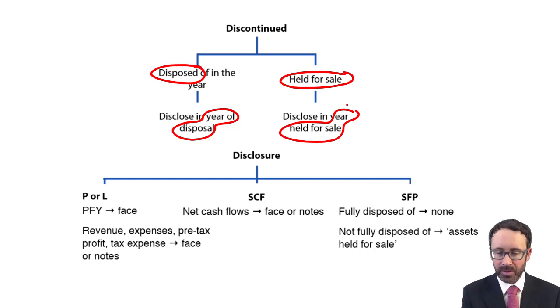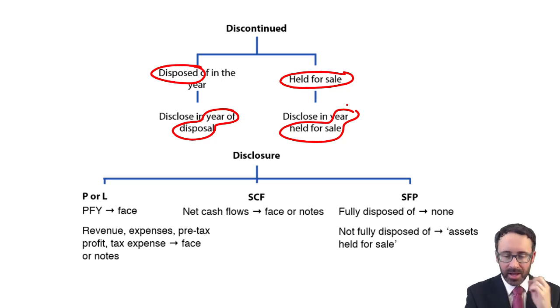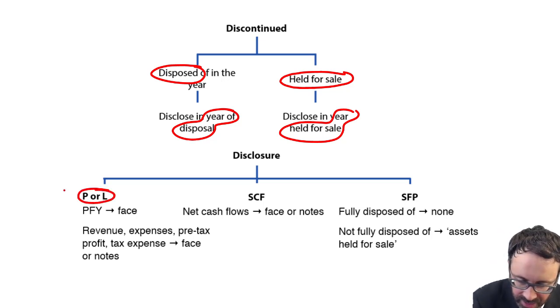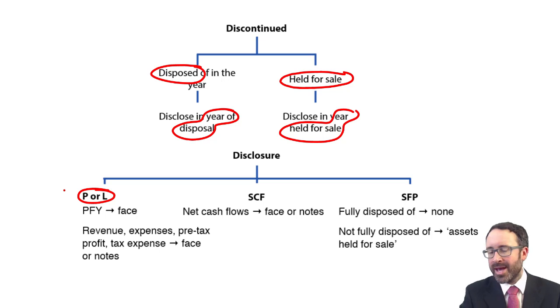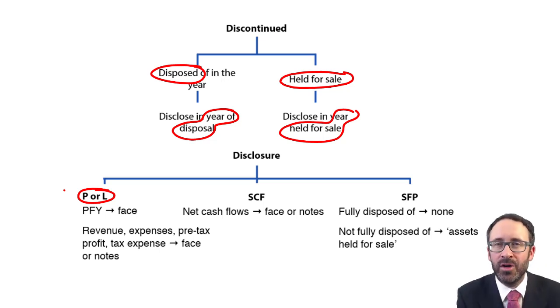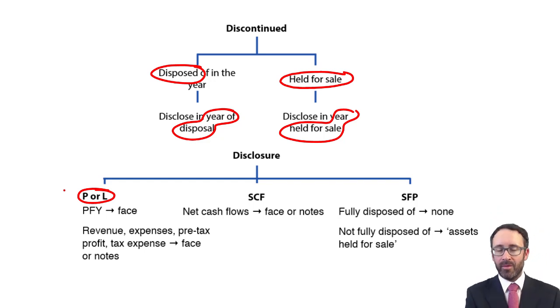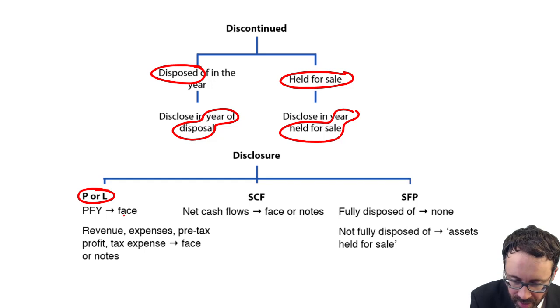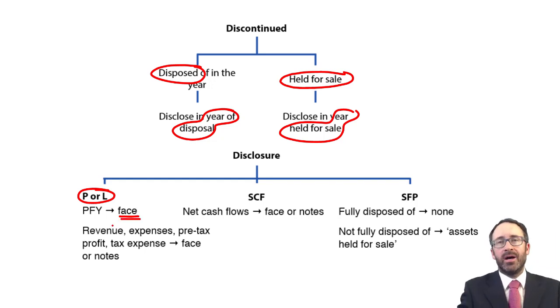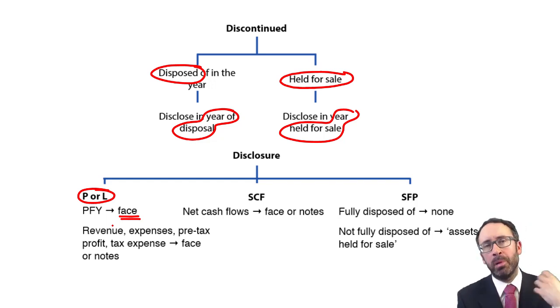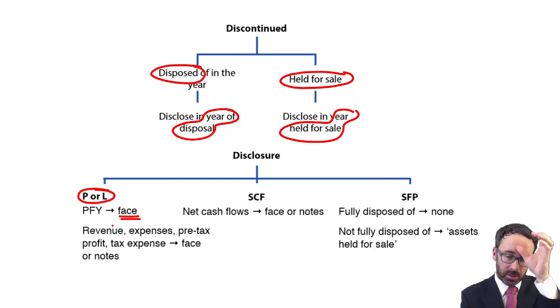In terms of the disclosure, I think your focus is here on the statement of profit or loss, as I've said before. Yes, it can appear on the SFP. Yes, it can appear on the statement of cash flows, but I'm not too worried about that. On the statement of profit or loss, you can either disclose your profit for the year on the face, being your profit for the year from your discontinued operations plus any profit or loss on disposal if it's being disposed of.